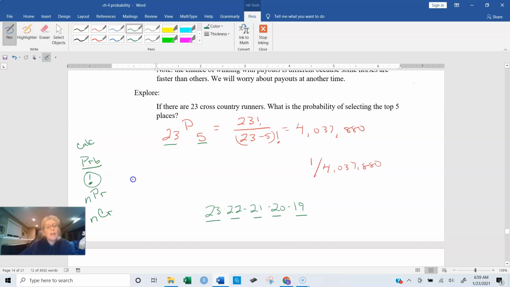So you could have gone 23, hit your button, and hit the factorial key to get your answer. All right, this one is for your probabilities. You actually have to type in the 23, hit the key, so nPr will show up on your calculator, and tell it that you want 5 of them. And it will also give you your answer. I will allow you to use this, but I do want to see the formula written out for your work to get full credit. So I know you understand what it means.